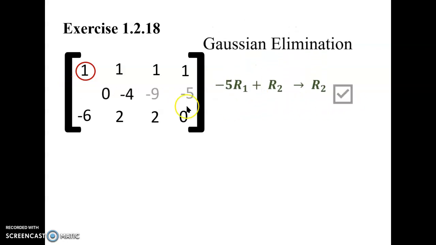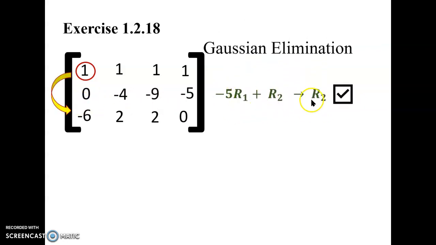And then I can use the 1 again with this negative 6. So what if I multiply it by 6 and add it to the third row? Did I say lines earlier? The textbook says lines. I'm trying to keep it rows, so you always think rows by columns.